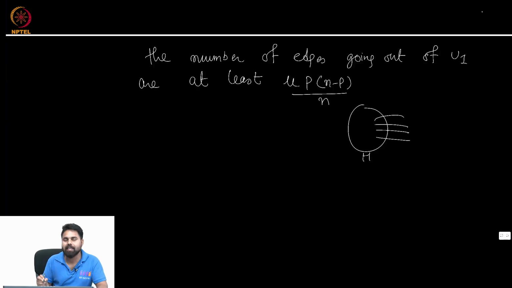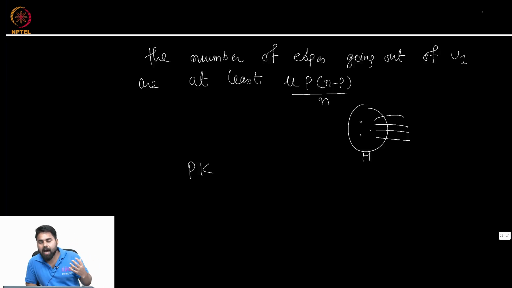Every vertex here has degree K, and there are p vertices, so p into k is the total degree, but out of those connections we have to remove those which are not in the induced part.